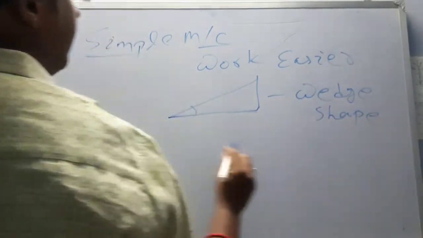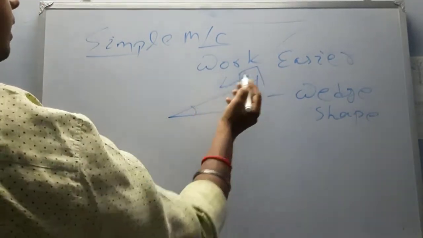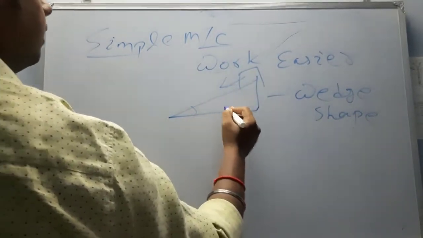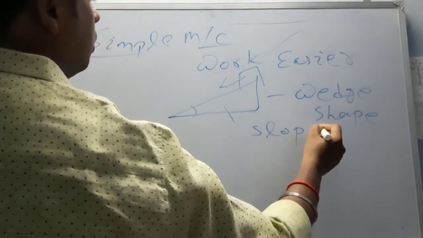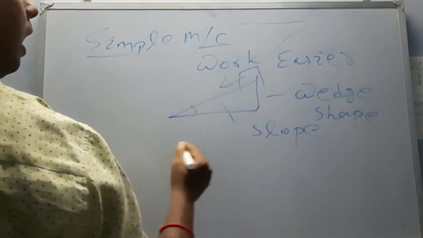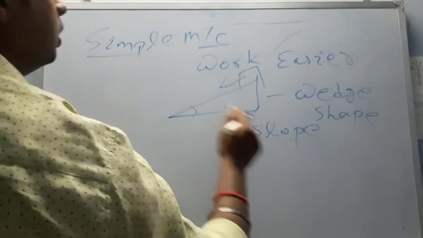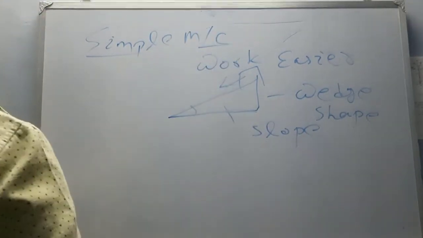Suppose somebody has to move a block from above to down, then he can use this slope. So it helps us to make the work easier. So it is an example of simple machine.